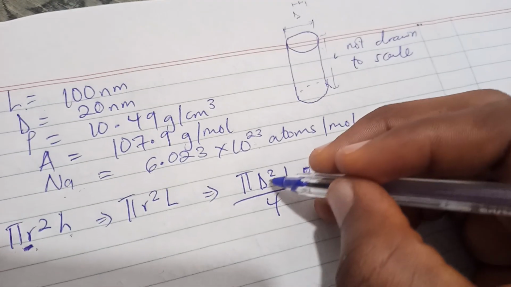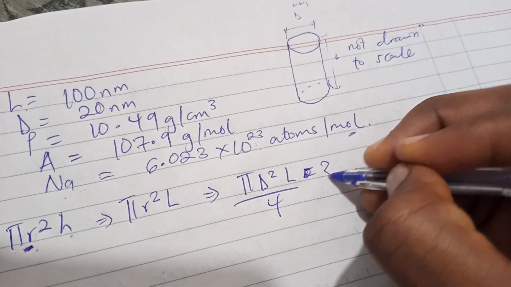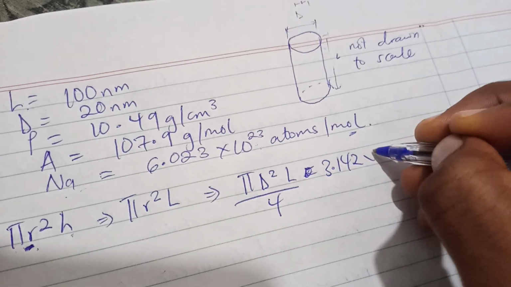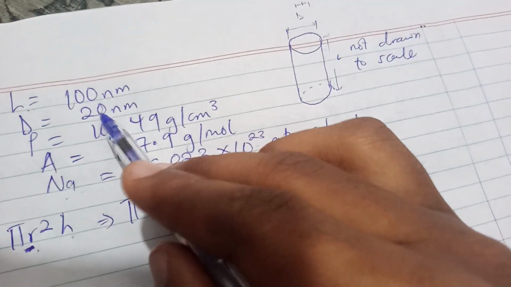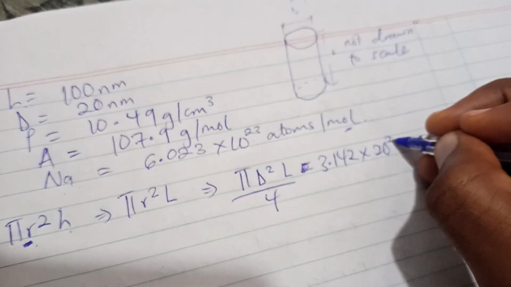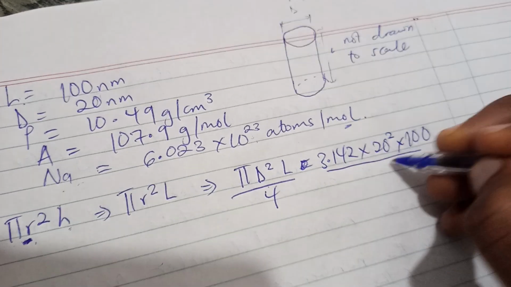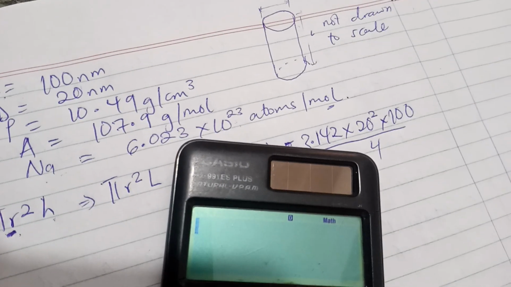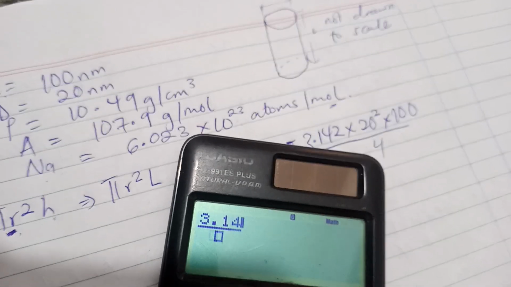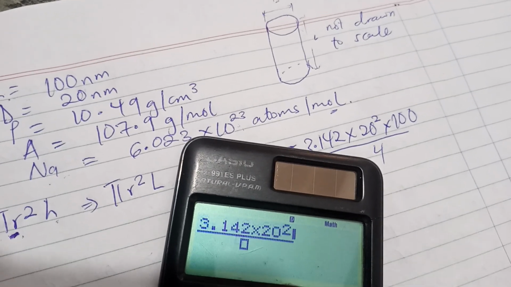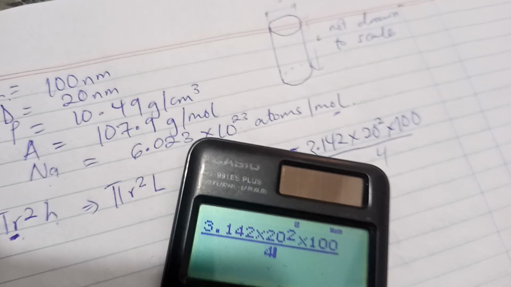So I'm going to take my pi to be 3.142. So I have 3.142 times d. The d was given as 20 nanometers, so 20 squared times L, which was given as 100, all over 4. So I'll do the calculation: 3.142 times 20 squared times 100 over 4.